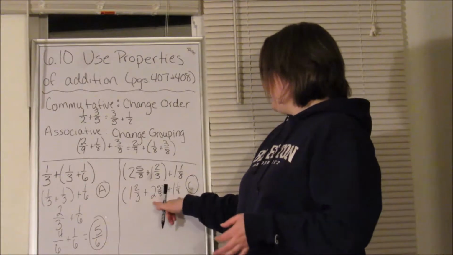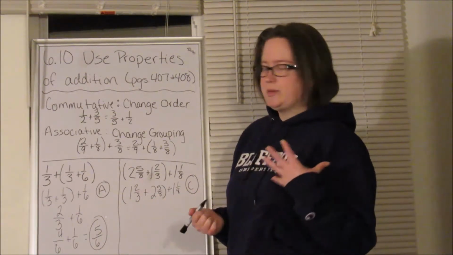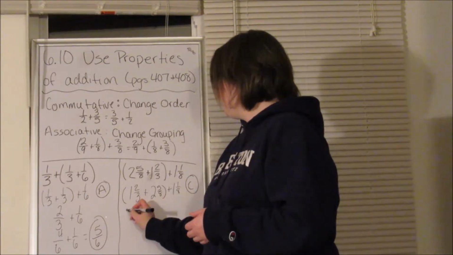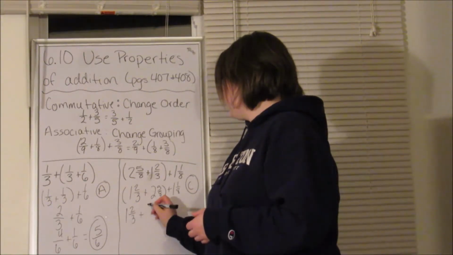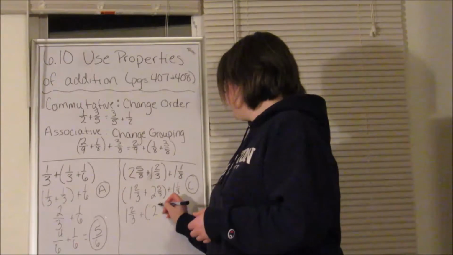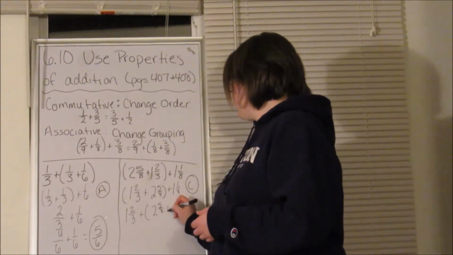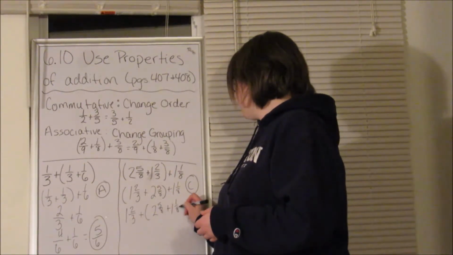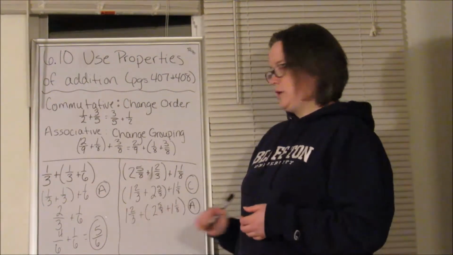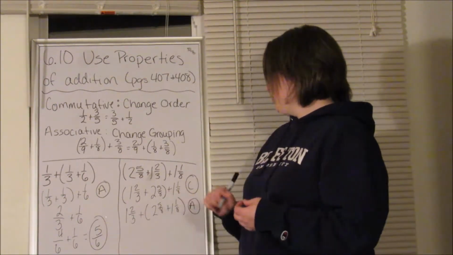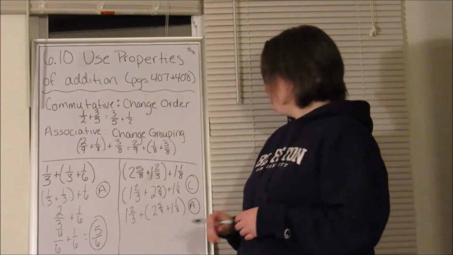Now, I want my 8s together, so that means I'm going to use my associative property in order to change my grouping. So it means I have 1 2/3 plus the quantity, 2 5/8 plus 1 1/8.